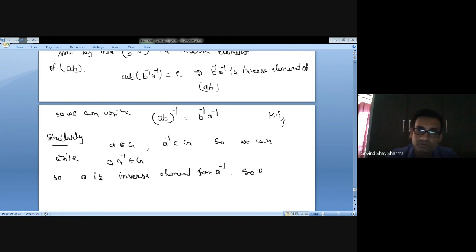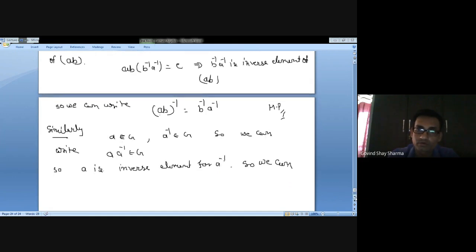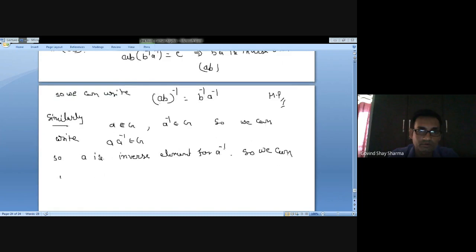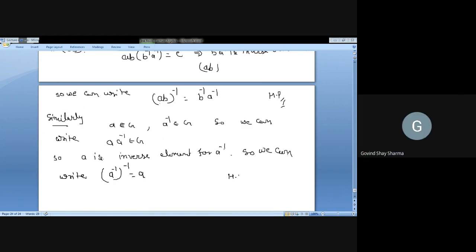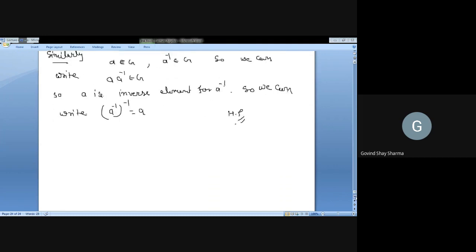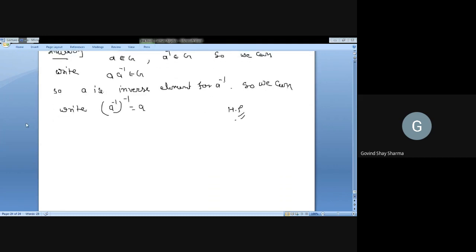So we can write A inverse inverse is equal to A. The same property we follow here.